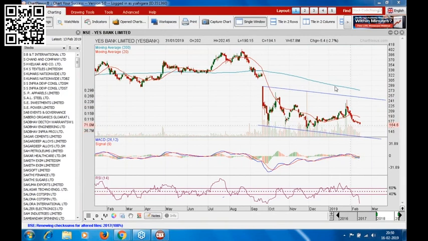Okay, any more questions? You guys understood the trading setup, the four kinds of trading setups? You guys understood our technical setup as well?